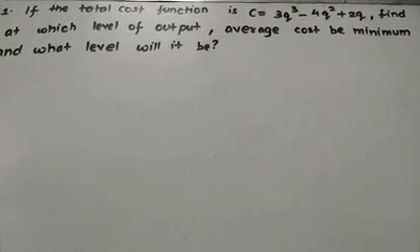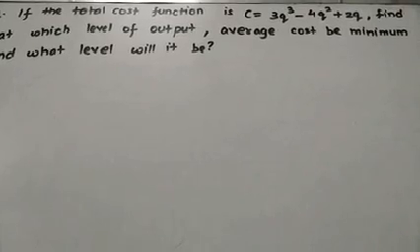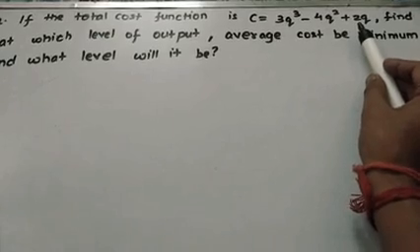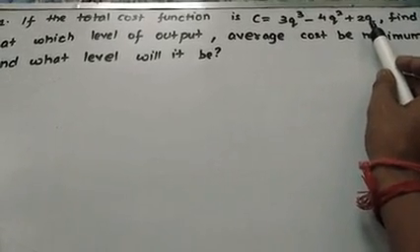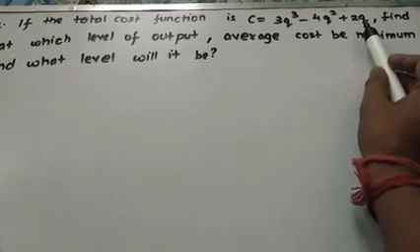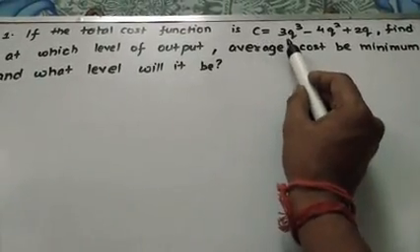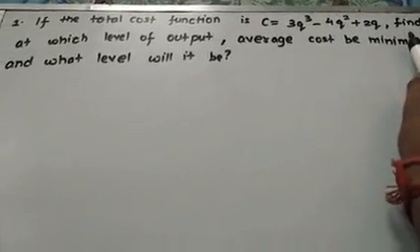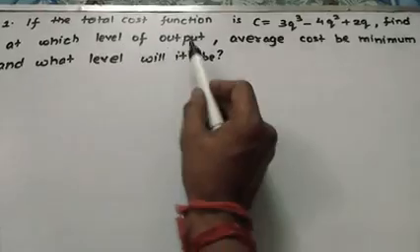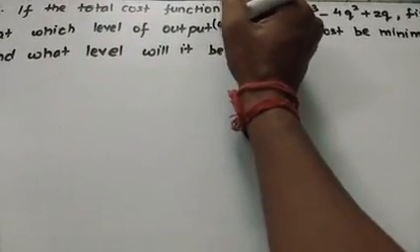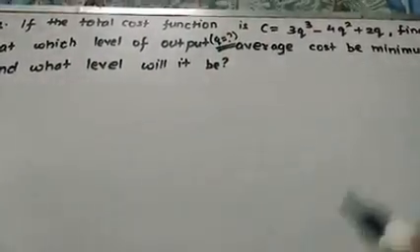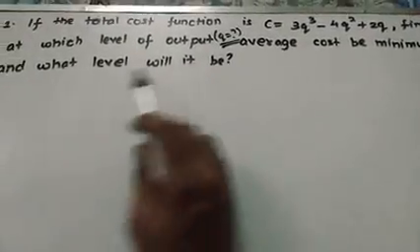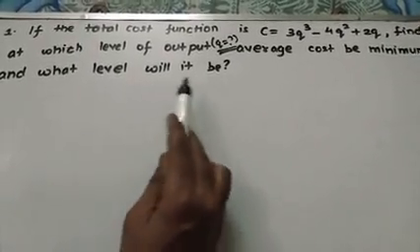Now here it's given that the total cost function C is 3q cube minus 4q square plus 2q, that means here the output is q and the whole question will be treated in terms of q. Now we have to find at which level of output, that means we have to find the q, where the average cost is minimum.